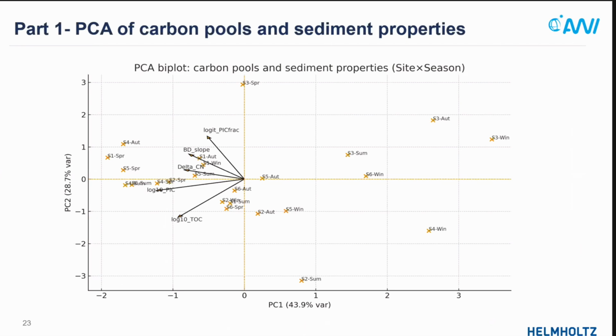The up is carbonate dominated, or inorganic carbon dominated, and compact sediment, and below zero, the bottom part, is organic rich and looser sediments. So basically what we saw is that across spring and summer, the sites move left as the stocks of organic and inorganic carbon build, and then they move up when carbonate processes dominate or down when organic trapping dominates. So reefs shift between carbonate engineering and organic carbon trapping rather than becoming a single static sink.